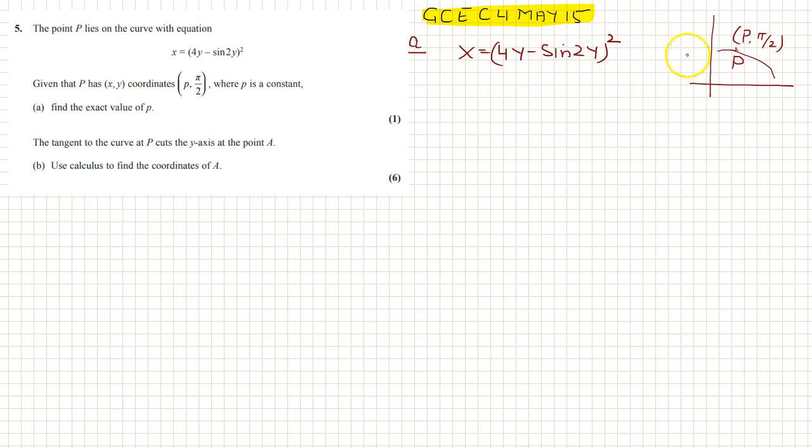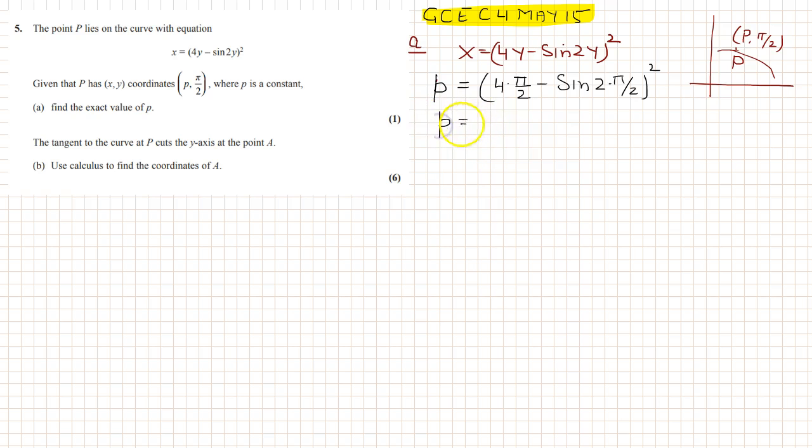So to find the exact value of p, put x as p is equal to 4, y is pi over 2, minus sine 2, y is pi over 2 square.